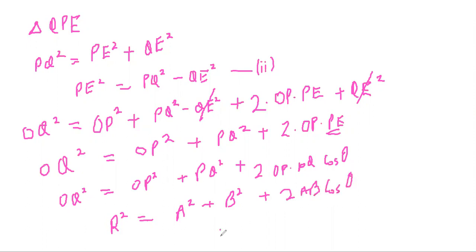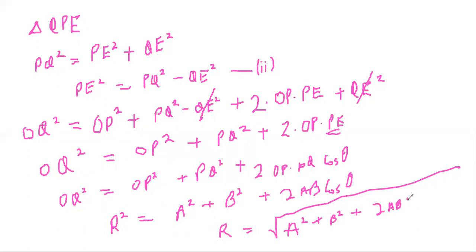So this can be written as R is equal to under root A square plus B square plus 2AB cos theta, and this is the formula of the resultant by the analytical method of vector addition. So this is the triangle law of vector addition, and by knowing the values of A, B and theta, you can find the value of R, that is the resultant vector.